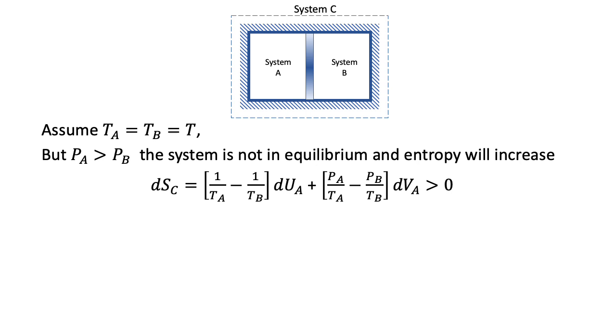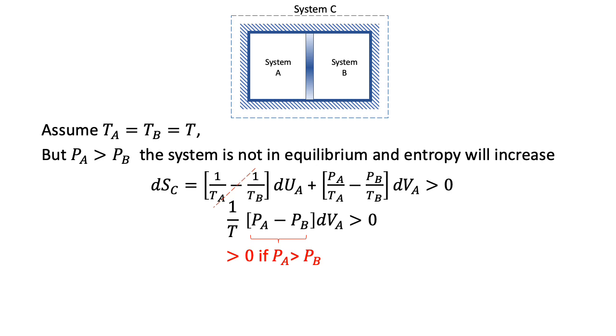In this case, dSC must be greater than 0. Now, if TA is equal to TB, that first expression is equal to 0. Taking T common, we have 1 upon T times PA minus PB times dVA is greater than 0.